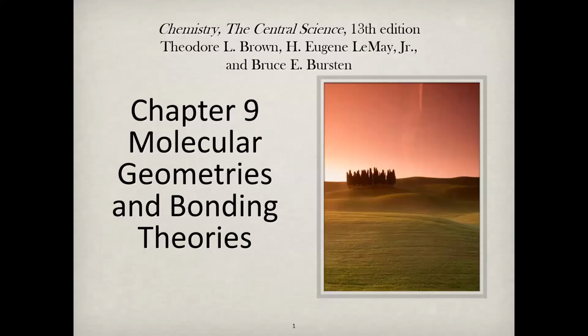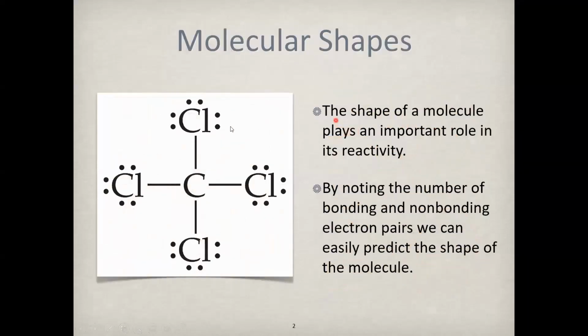All right, so in this chapter, we're going to continue to look at the structures of different molecules. But we're going to go a little bit further with it, because the Lewis structures we were looking at in the previous chapter showed us the arrangement of atoms in relation to one another, meaning what's bonded to what, as well as how the electrons are distributed.